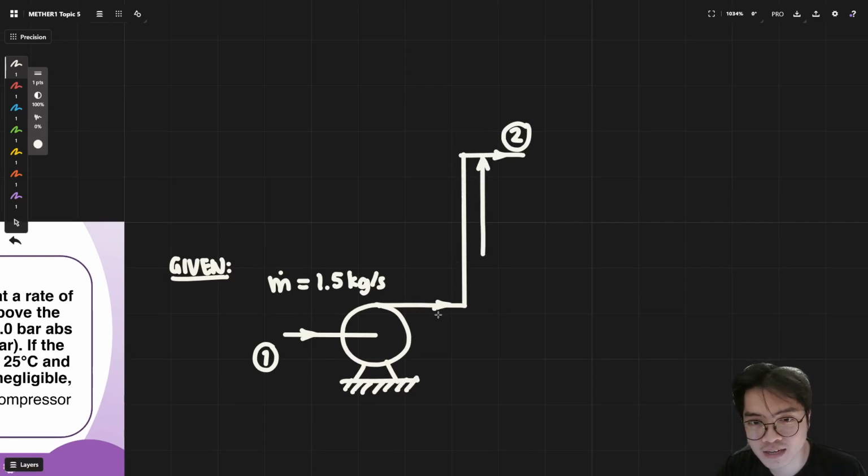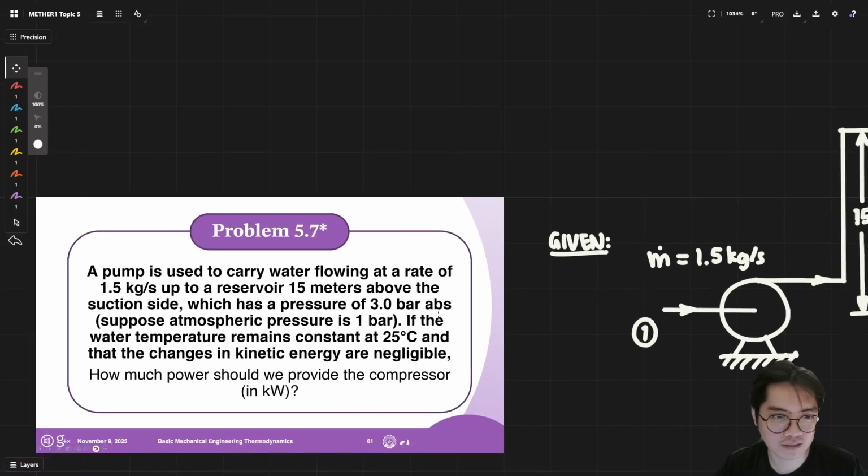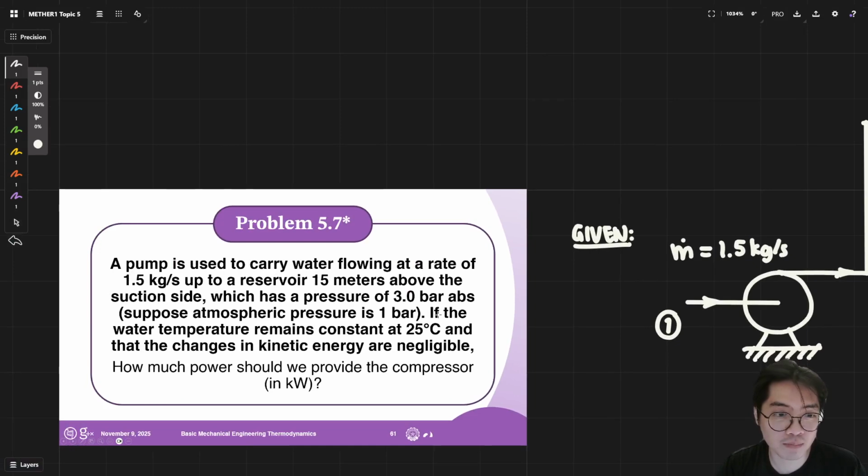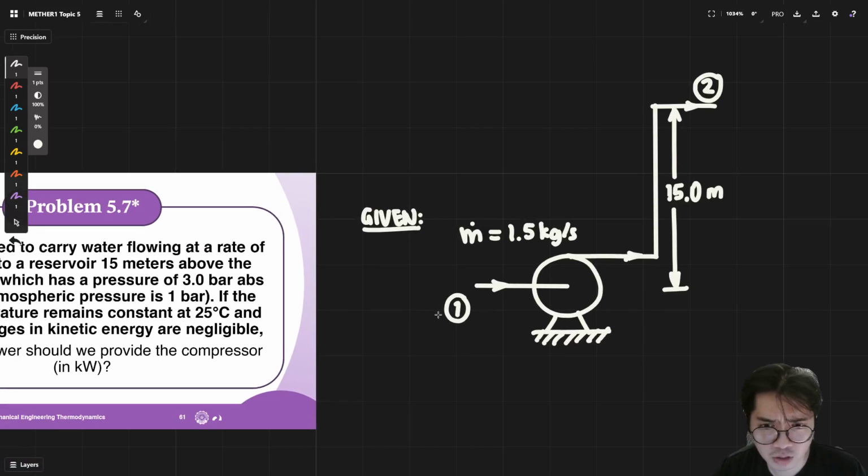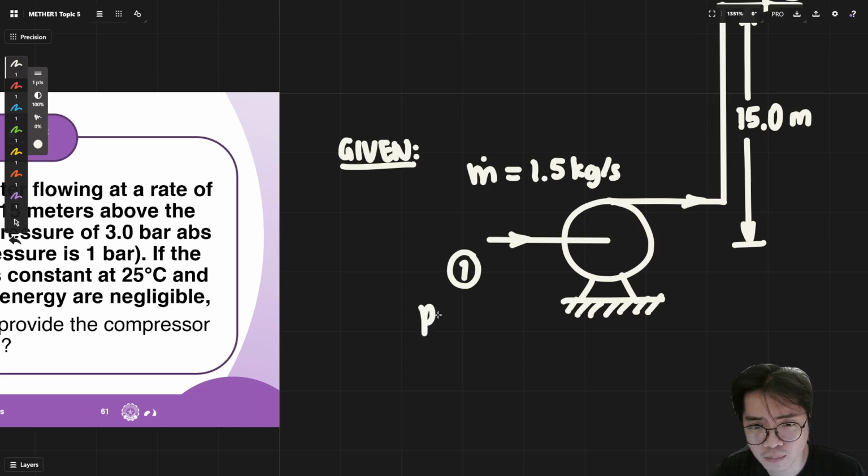There is an altitude difference here of 15 meters above the suction side, which has a pressure of 3 bar absolute. So in this case, your P1 is 3 bar absolute.